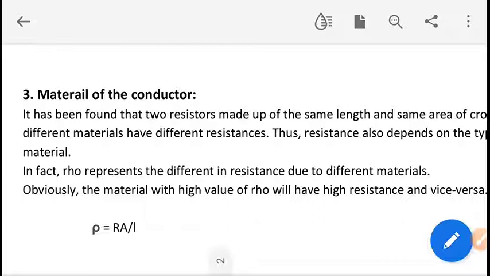There is a copper wire, a silver wire, and there are alloys, made of more than one metal, and alloys have high resistance. So the nature of the material also decides the resistance of a conductor.